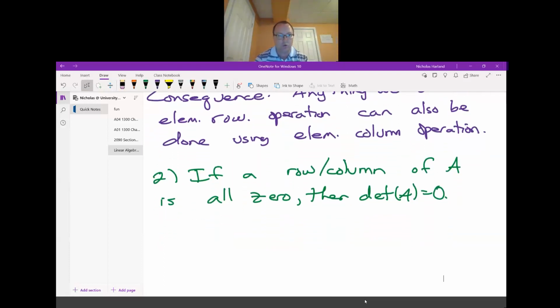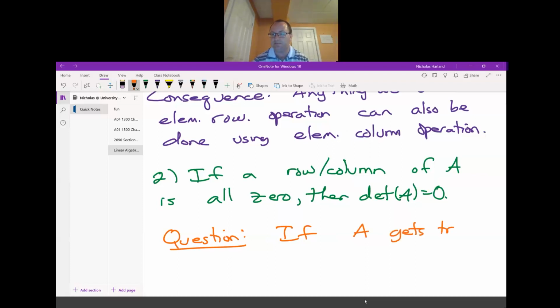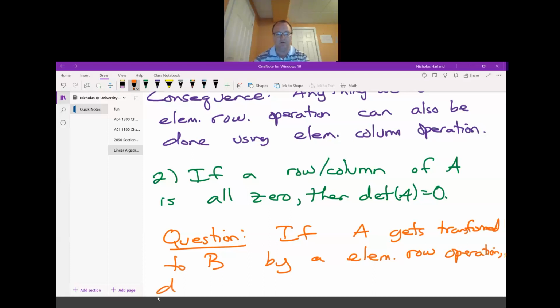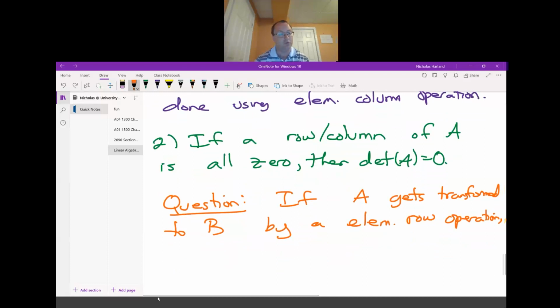But there's a big question we need to answer in order to do any of this. So if A gets transformed to B by a row operation, and again, replace row with column if you want a column operation, first of all, two questions. One, does the determinant change?